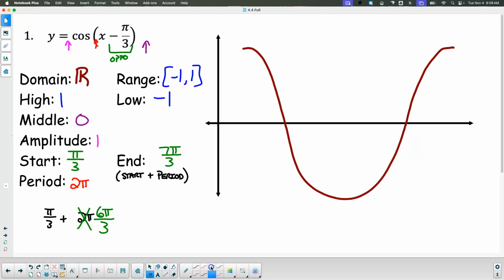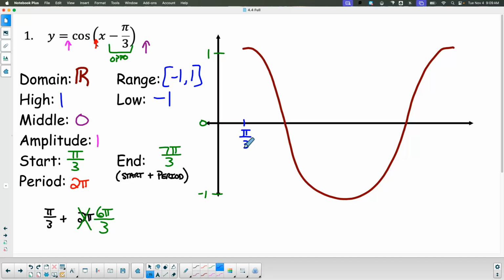Then we can fill in what we need to fill in. We went all the way up to 1. Our middle was 0, and our low was negative 1. We started at pi over 3. Notice how we're starting at pi over 3.